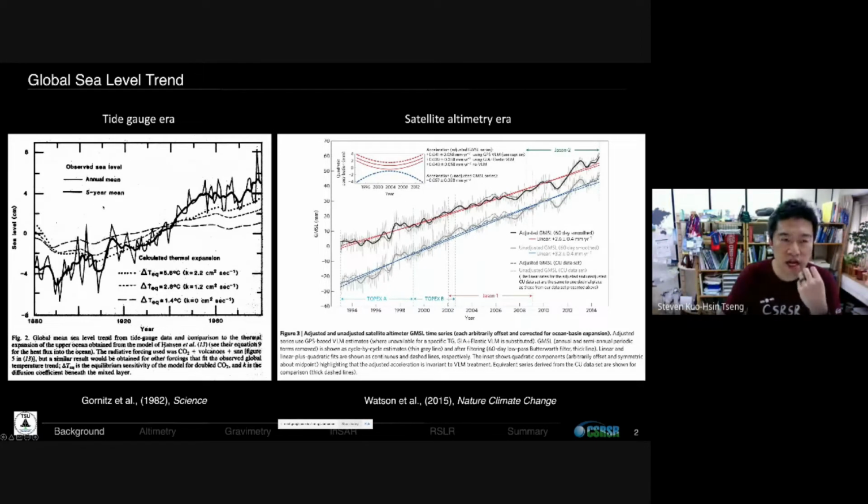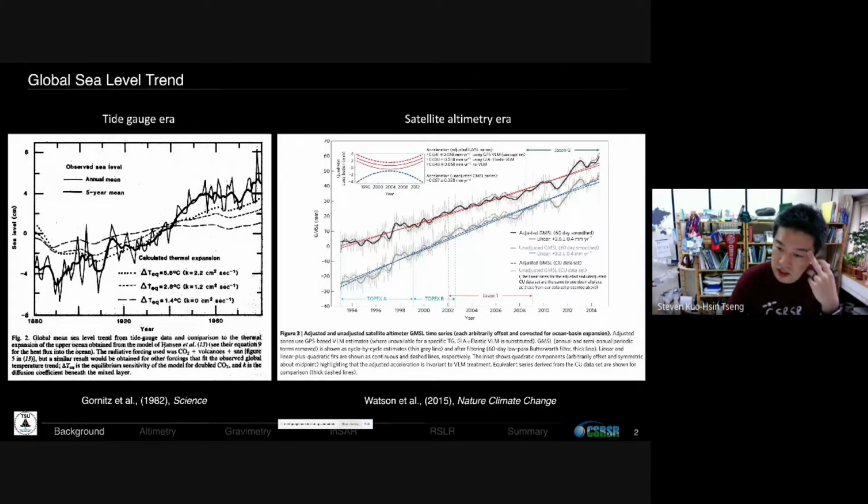However, because the tide gauge only measures at very scattered coastal areas, and it's very difficult to maintain the tide gauge. By the standard, we need to check the tide level.